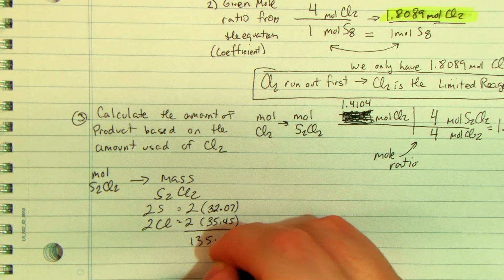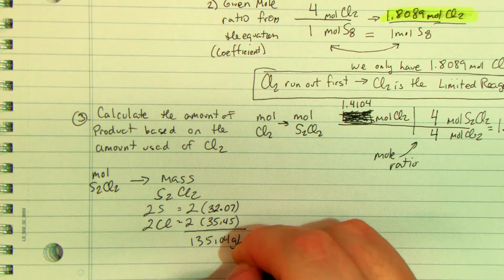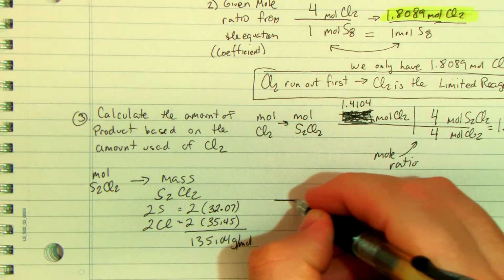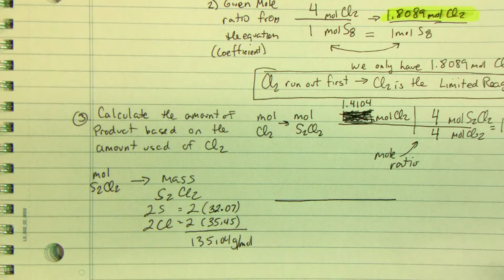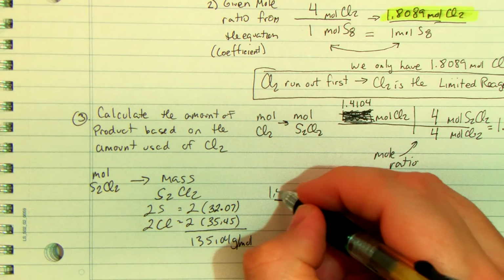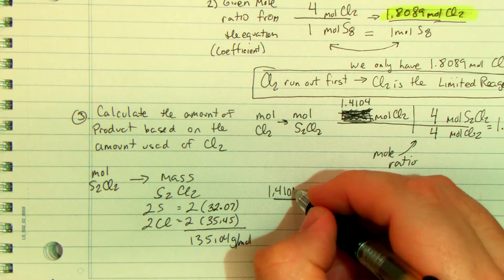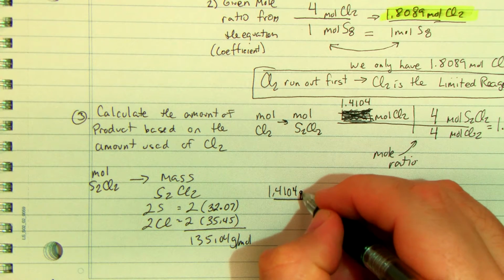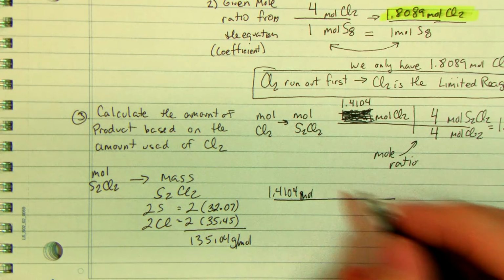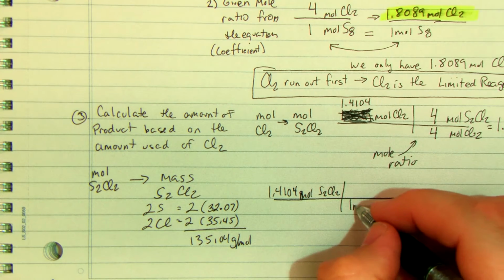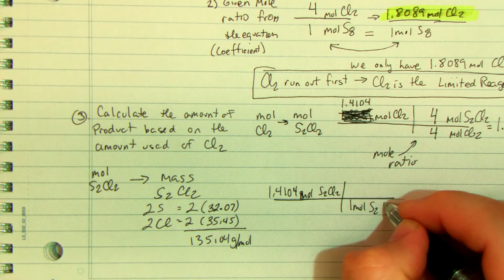So now I'm going to set up and say, all right, I know I have 1.4104 moles of S2Cl2. I know 1 mole of S2Cl2 is going to give me 135.04 grams.